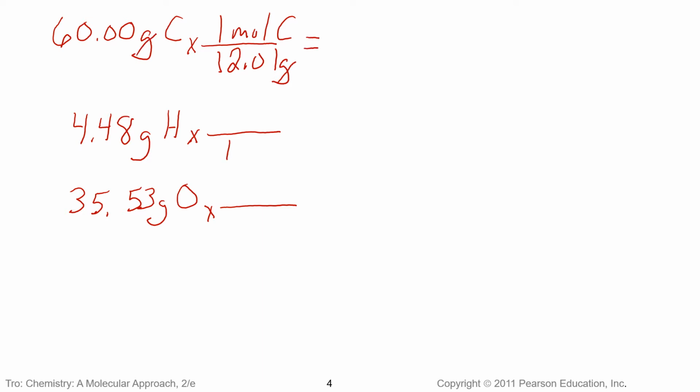Hydrogen has a molar mass of 1.008 grams for 1 mole of hydrogen. And oxygen, 16 grams for 1 mole of oxygen. Now we can do our math and calculate how many moles of each one we have.